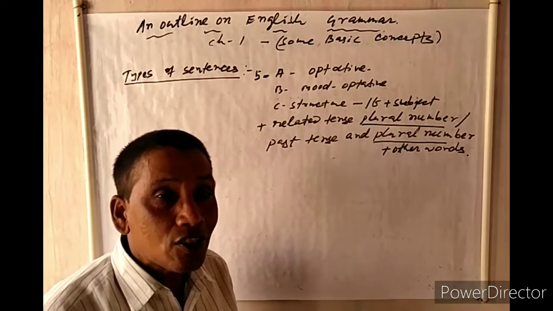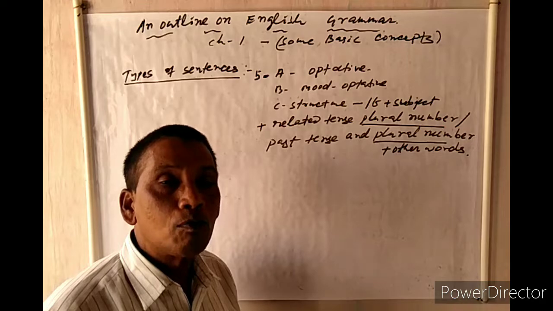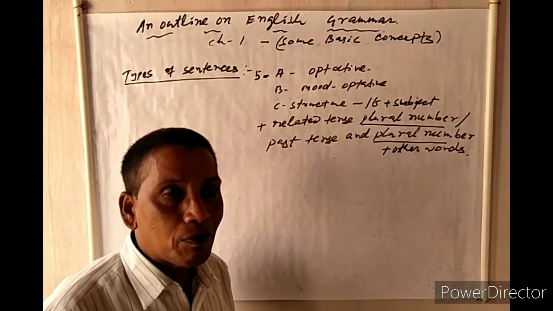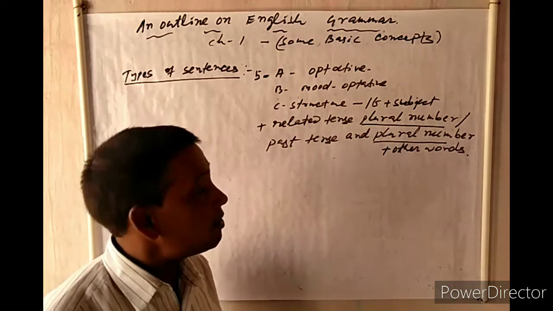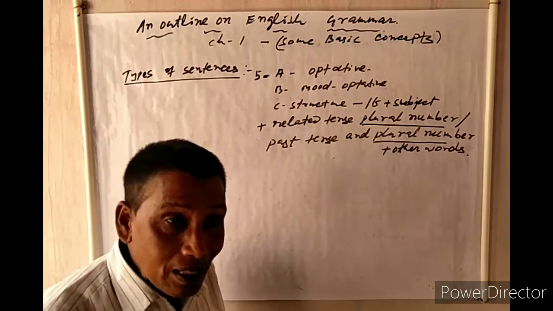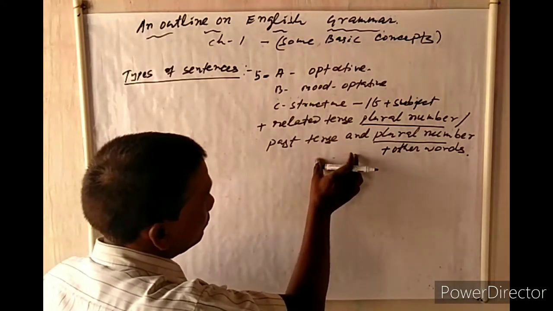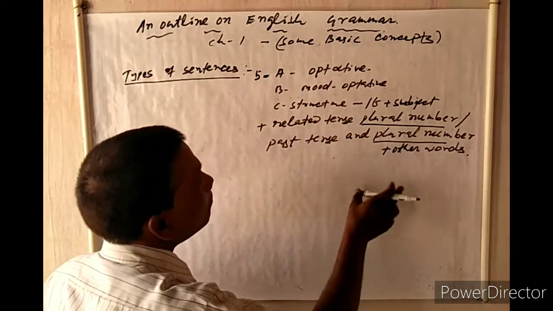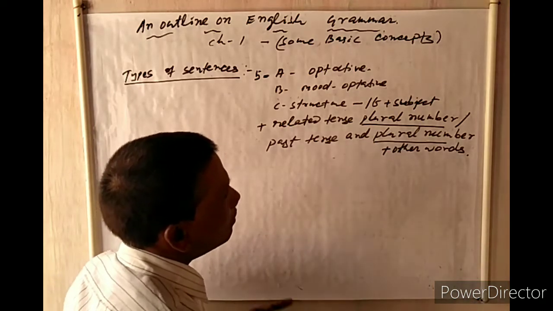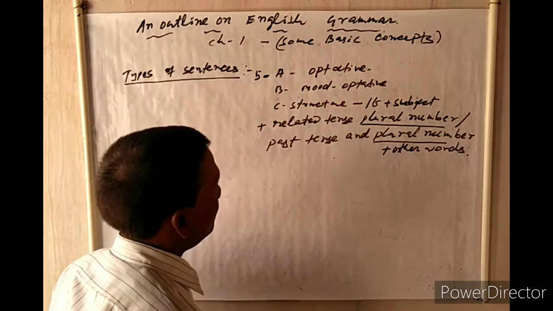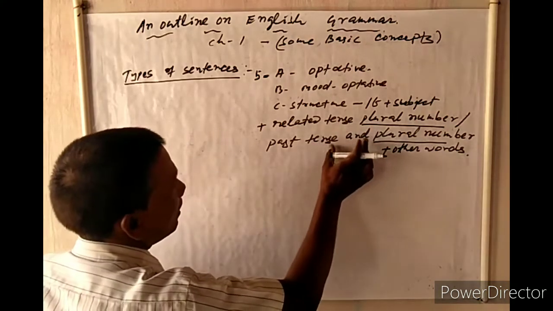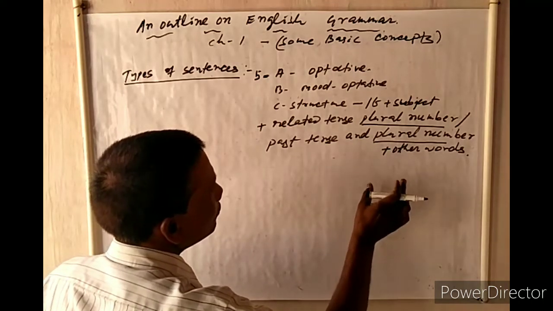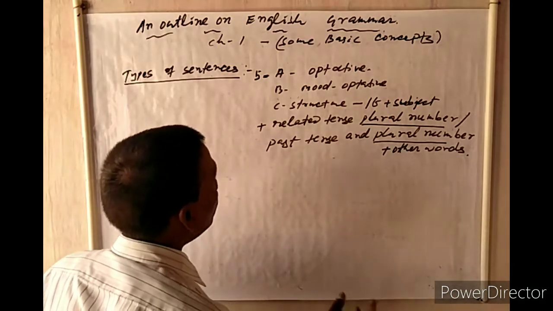Similarly, for the negative, subject plus helping verb plus not plus other, is not the only structure. Similarly, here you will realize later on that this is not the only structure. But we will be discussing those structures in our future classes. That is, structure: if plus subject plus related tense plural number, or past tense and plural number, plus other words.